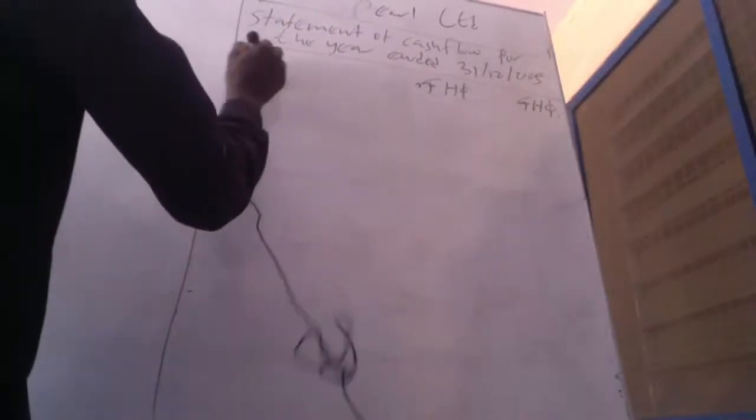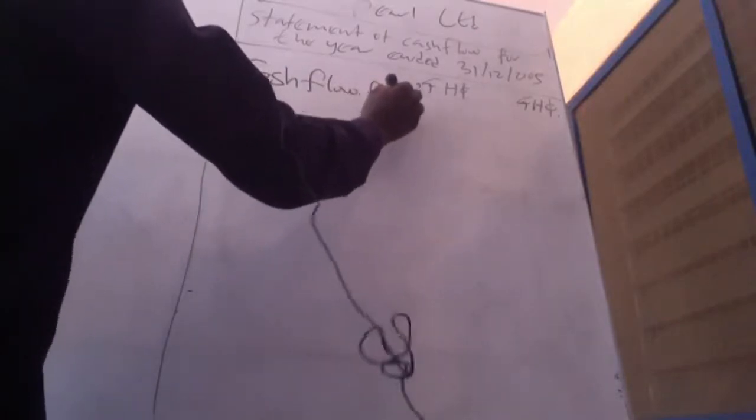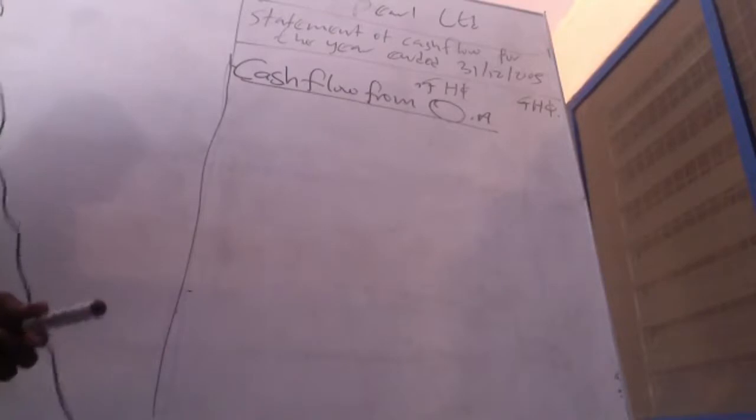Cash flow from operating activities, no shortcuts. No shortcut. Good. So that's the cash flow from where? Operating activity. Then you start.